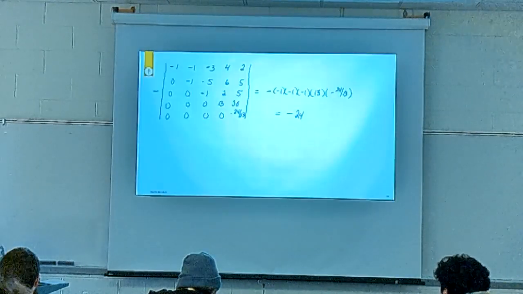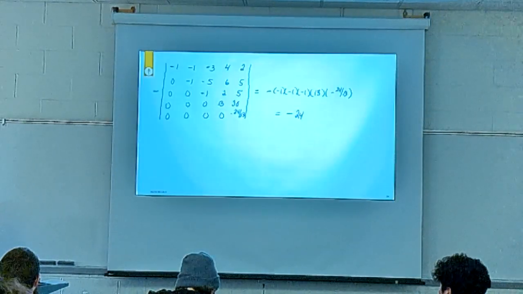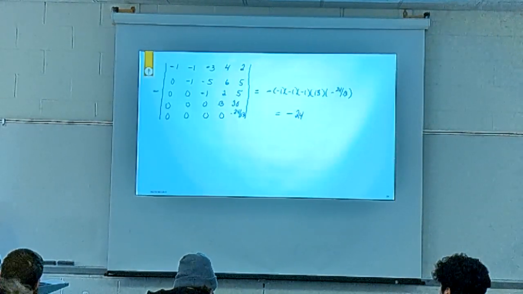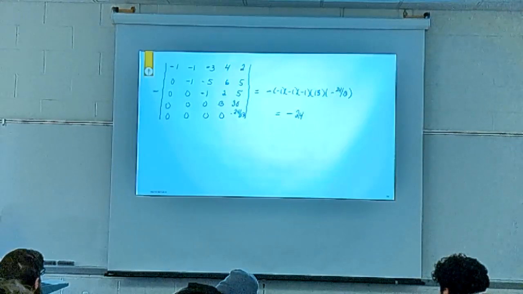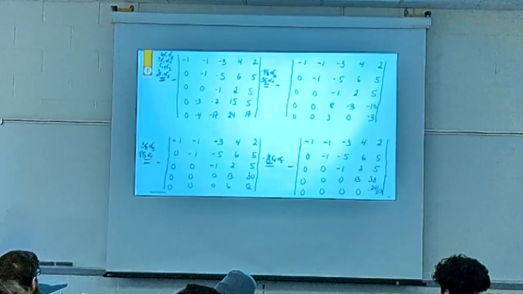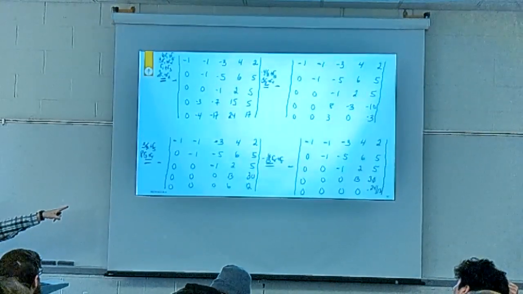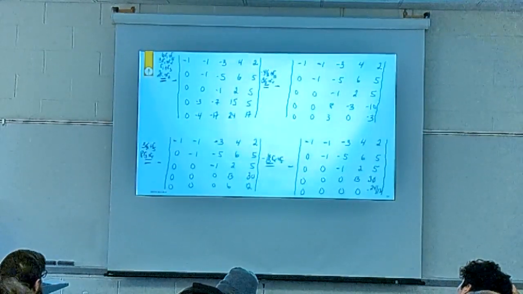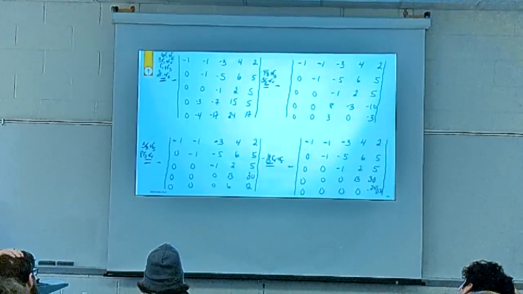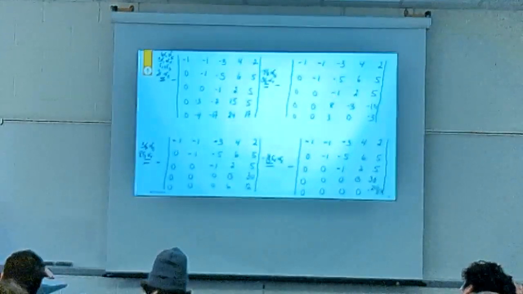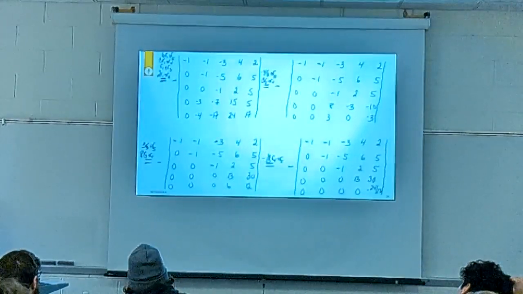Also keep in mind, you can combine the methods. So let's say you get down to here and you decide you just want to do cofactor expansion. Or you do cofactor expansion to start and then you decide to do row operations on your resulting matrix.